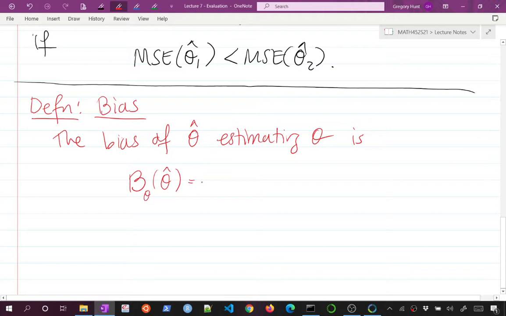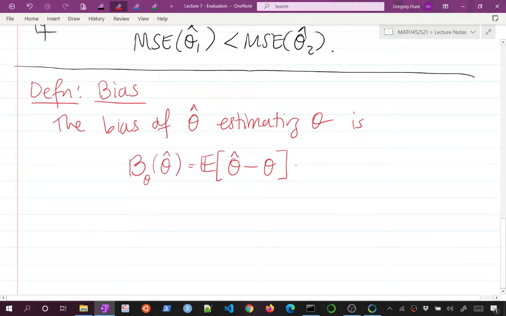The bias of an estimator, theta hat, estimating theta, is just the expected difference between the estimator and the estimand, the thing we want to estimate. Because expectation is linear, you could also distribute the expectation, and the expected value of theta is just theta, because theta is a constant, it's not random.